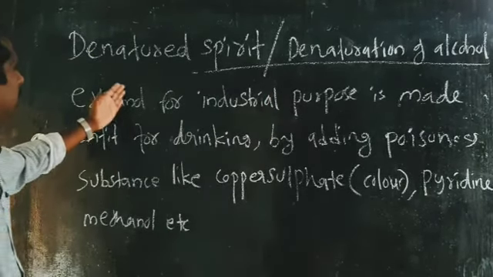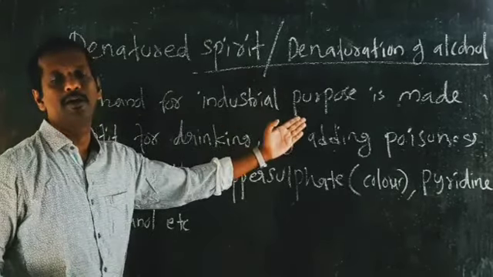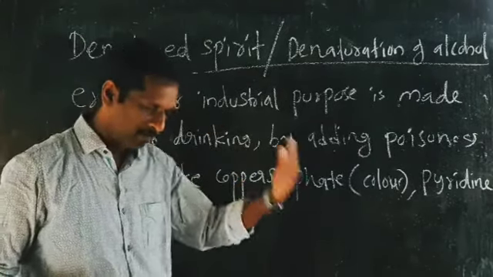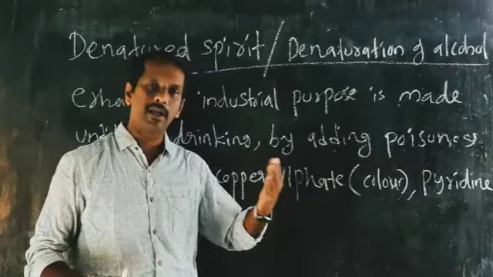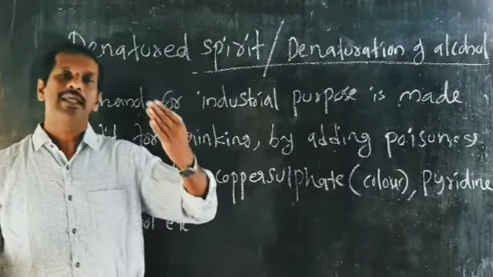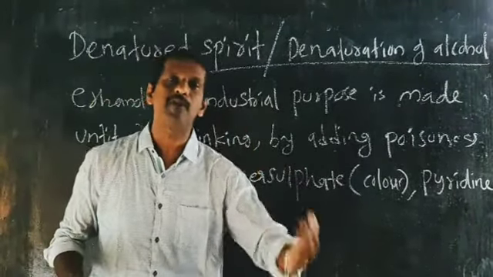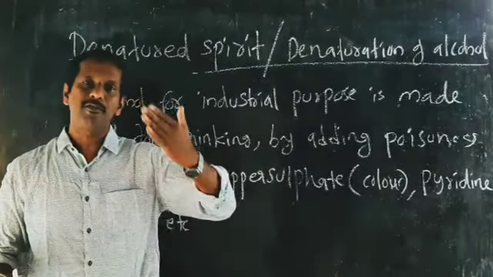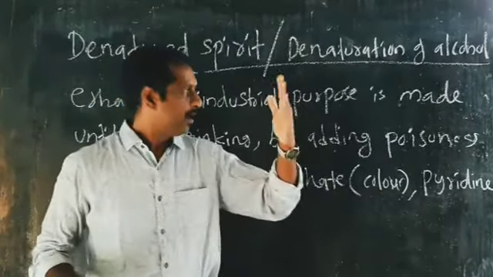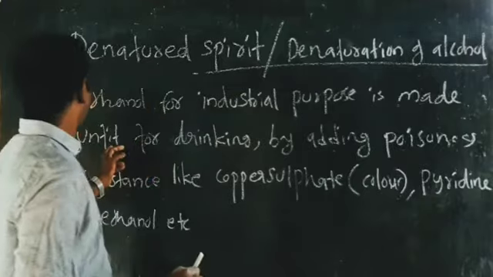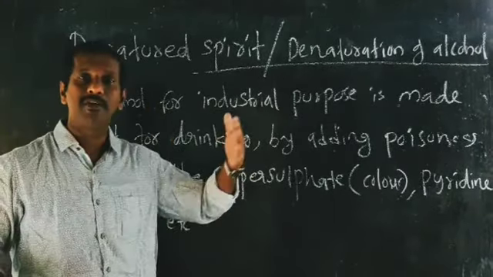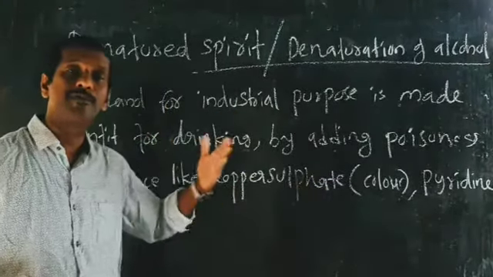So once again, ethanol for industrial purpose. What do you mean by industrial purpose? In the medical field we need ethanol, in our laboratory we need ethanol. That is what is called the industrial purpose of ethanol. This ethanol coming for industrial purpose is made unfit for drinking. How is it made unfit for drinking?